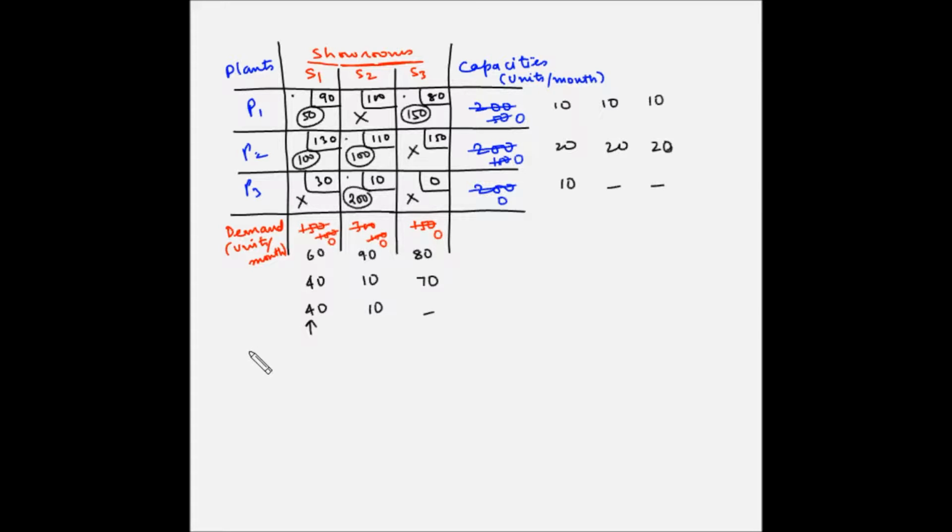So at this point we would find out the total cost in case of a minimization problem. However, since this is a maximization problem, we should find out the total profit. We can find out the total profit by multiplying these allocations with the profit per unit for these allocations.